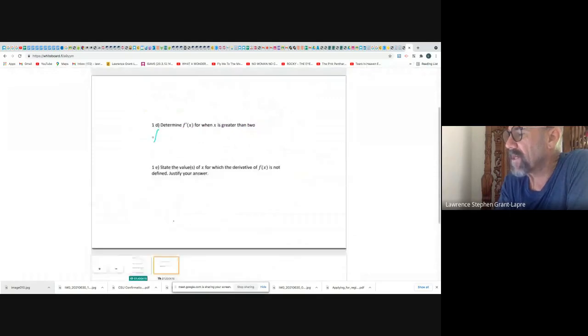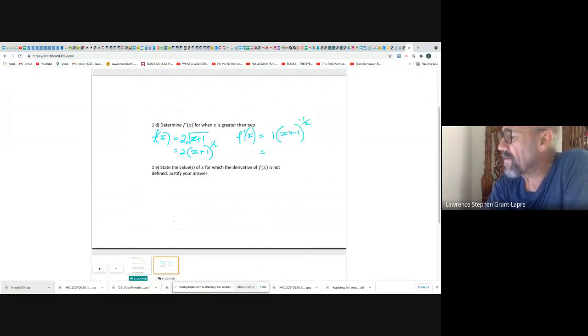I'm just going to change that into 2(x plus 1) to the power of a half. So the derivative is a half times 2, which is 1, and that goes down to 1 to a negative a half. That's fine. If you wanted it as a fraction, it would look like this. But that's fine.